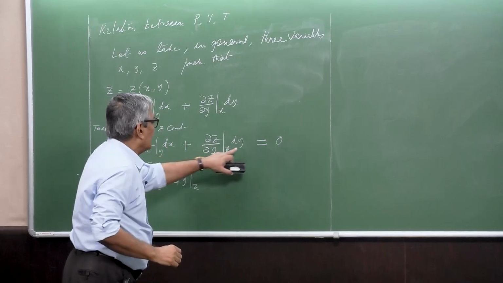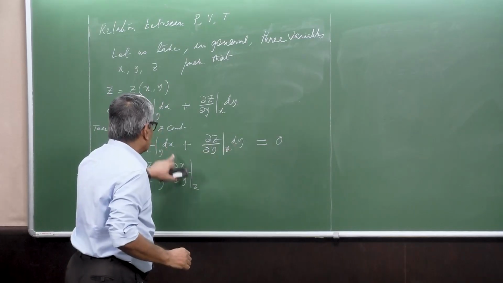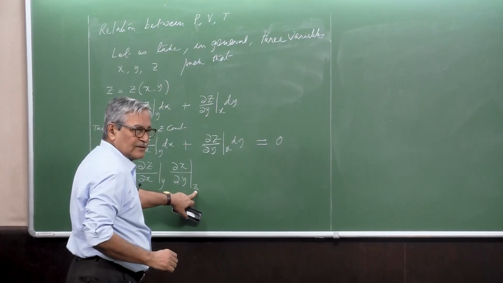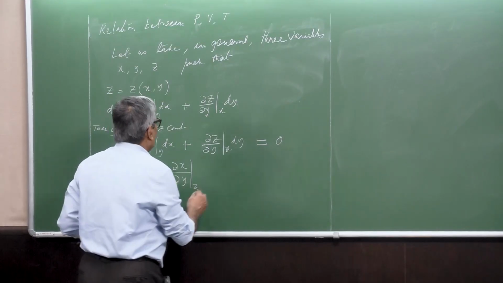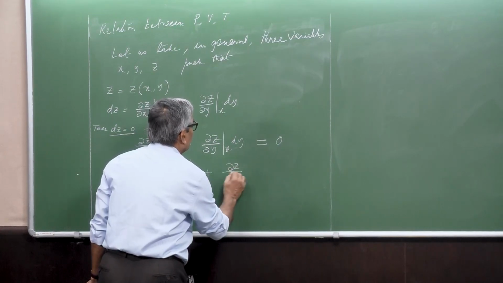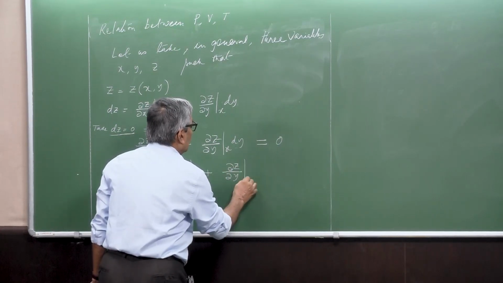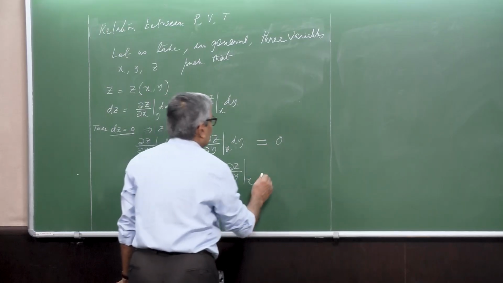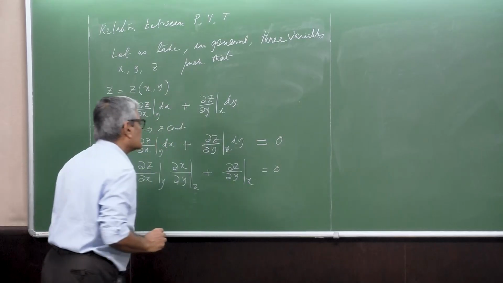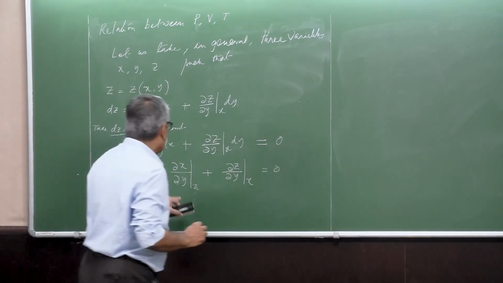So we divide by dy, so dx by dy, written as a partial derivative with z constant, plus del z del y at x, equals 0.